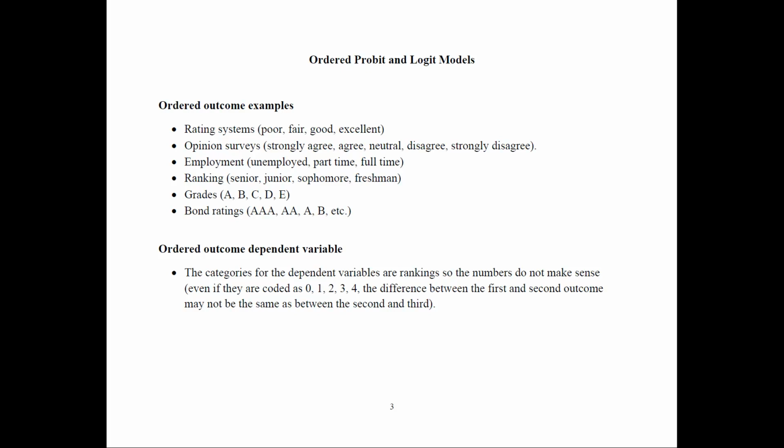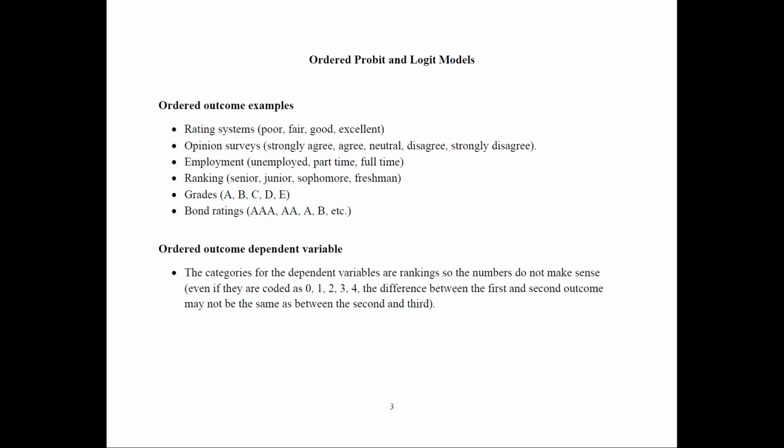Then we have employment status, where you could be unemployed, part-time, and full-time. That's an increasing level of involvement with the job. And then we could have rankings, senior, junior, sophomore, and freshman. These are rankings in colleges in the US.